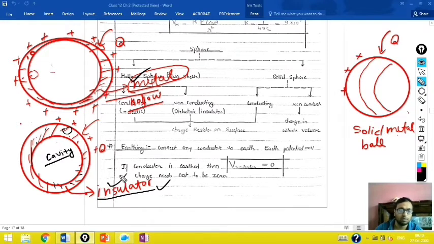With the help of an insulator we have made this sphere, and the property of this sphere is also the same: if you provide some charge, it will appear only on the outer surface. No charge will enter inside the sphere. So your hollow spheres, whether of metal or non-metal, both have a similar charge pattern.